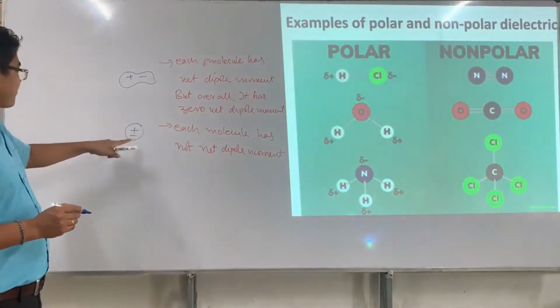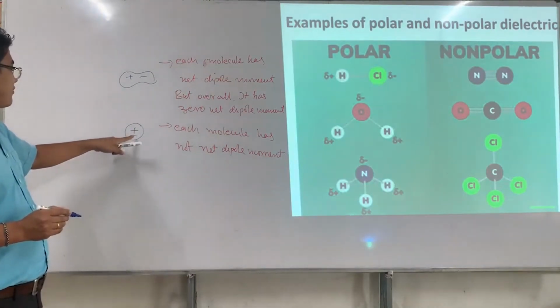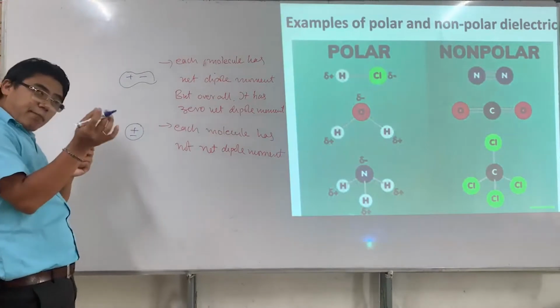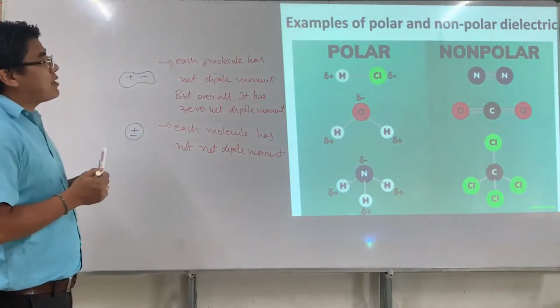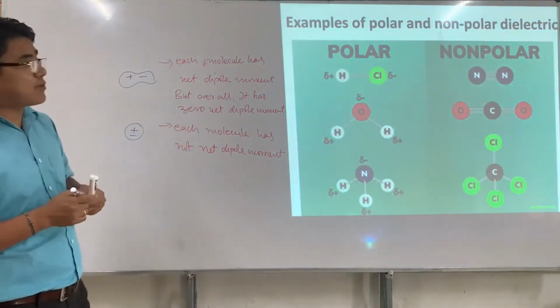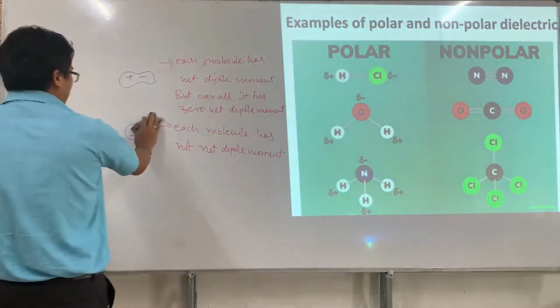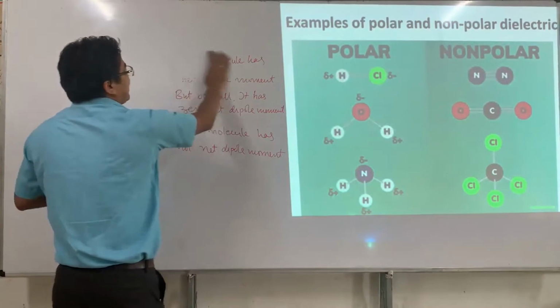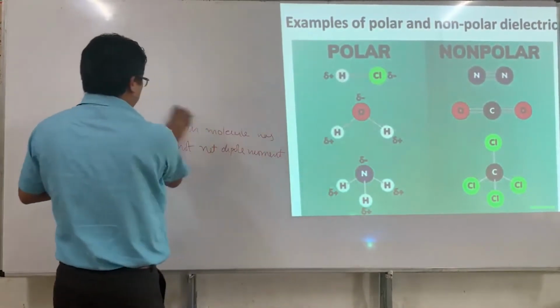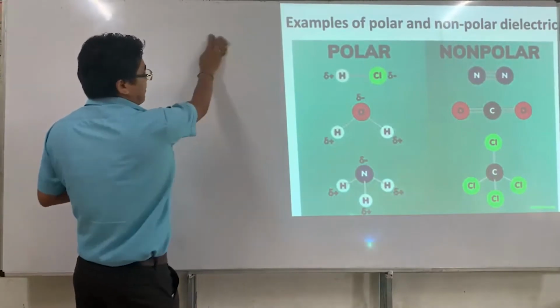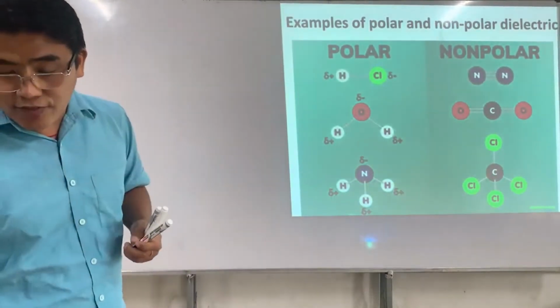In the non-polar one, the centers of positive and negative charge coincide, the separation is zero, so the net dipole moment is zero. This is the difference between polar and non-polar dielectrics. The detailed study of polar and non-polar is done in chemistry.